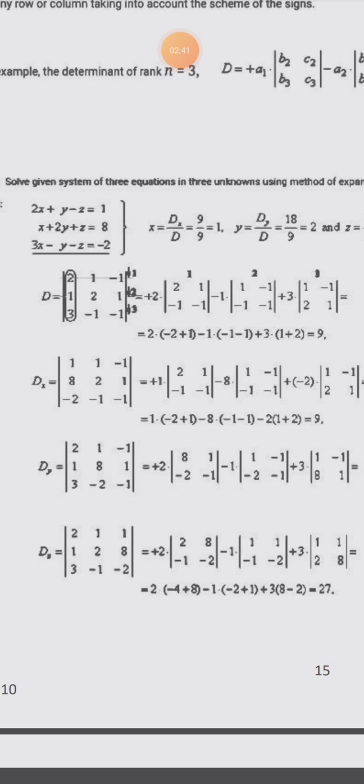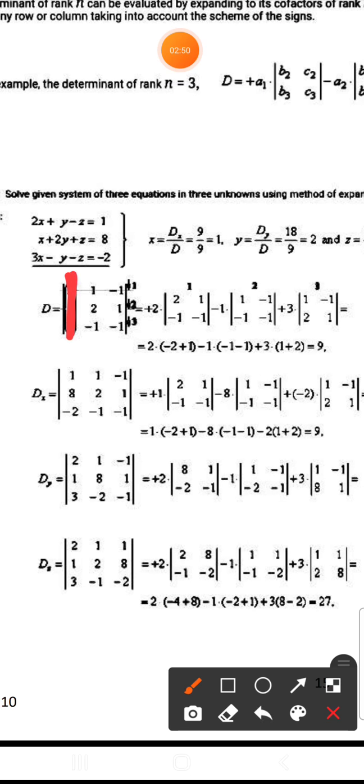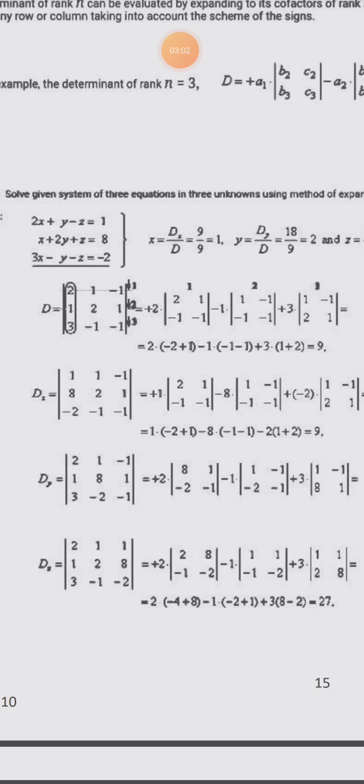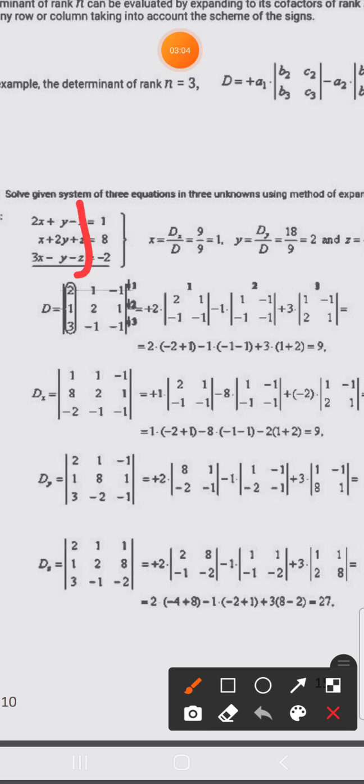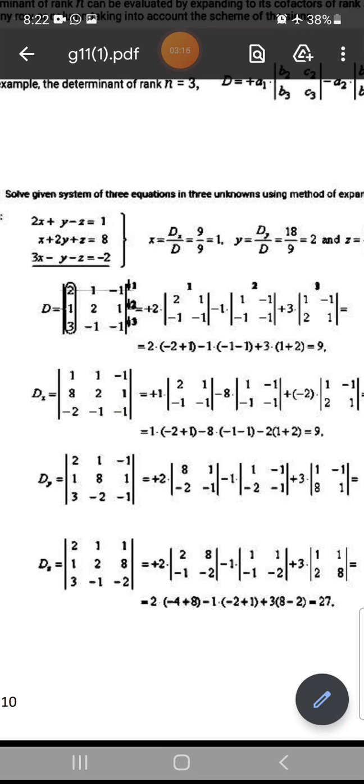Again, if you want the determinant of x, you will remove x and put the answers 1, 8, negative 2 in this column, and put in the rest of the original matrix. If you want z, it's the same: you remove the coefficients of z and put the answers, and put the rest like it. And that's all.